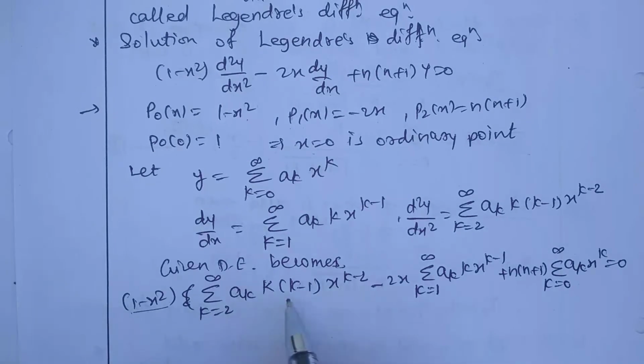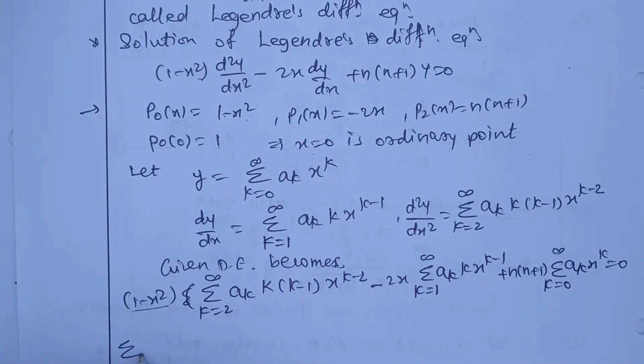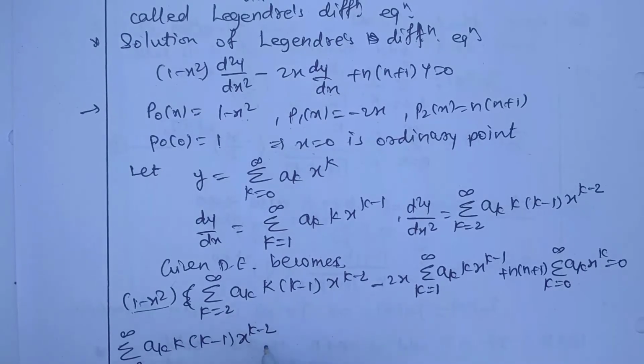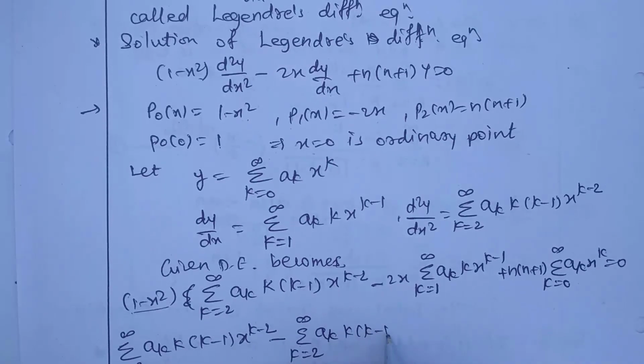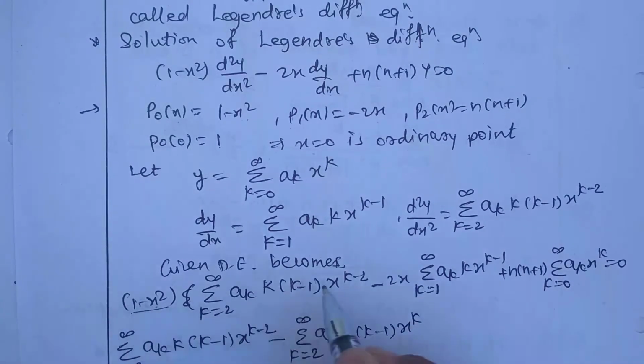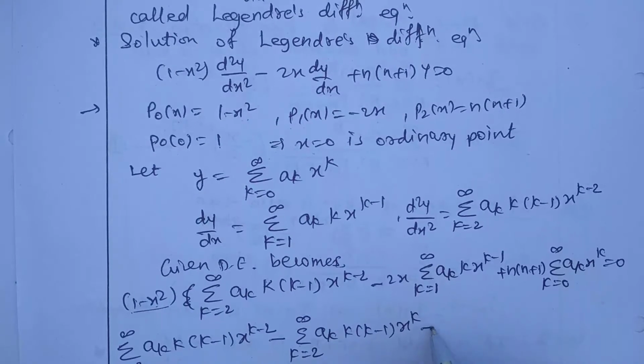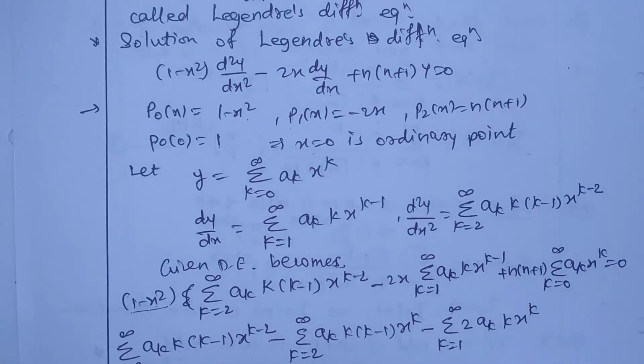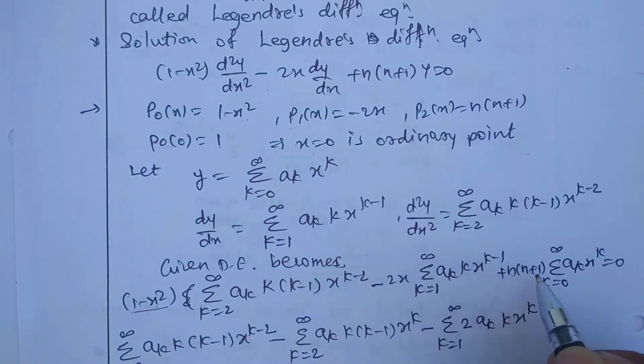Now multiply this (1 minus x square) inside, you will get summation k varies from 2 to infinity ak k (k minus 1) x to the k minus 2, minus summation k varies from 2 to infinity ak k (k minus 1) x to the k after multiplying by x square, minus summation k varies from 1 to infinity 2 into ak into k x to the k, plus multiply this n into (n plus 1).